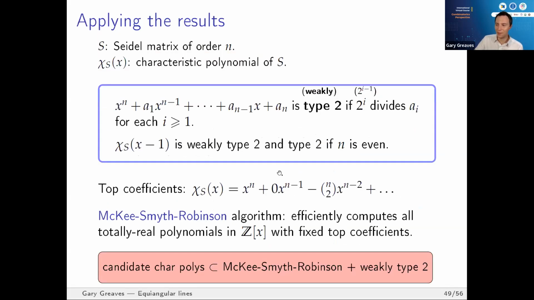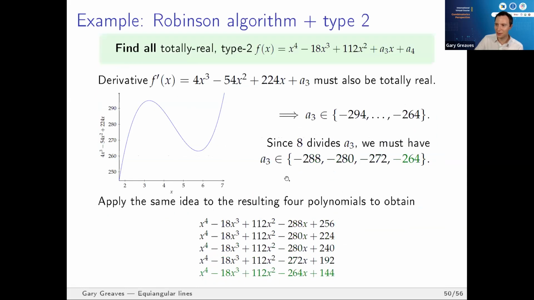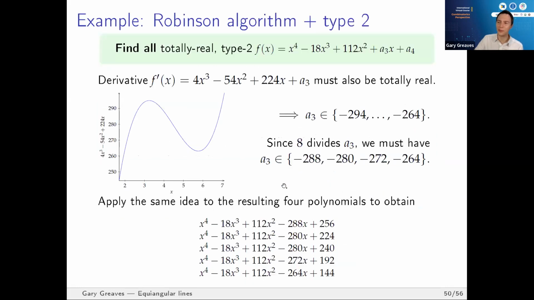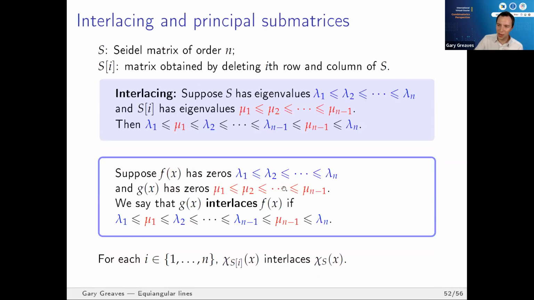I'll skip over this one. I have quite a few slides that I may have to skip. So let me just summarize what I wanted to say. I was just going to give you more details on particular restrictions we can make for what possible characteristic polynomials should correspond to particular systems of equiangular lines in given dimensions.